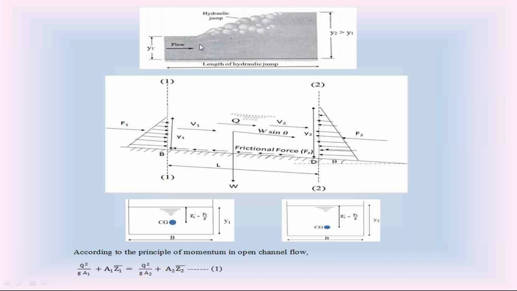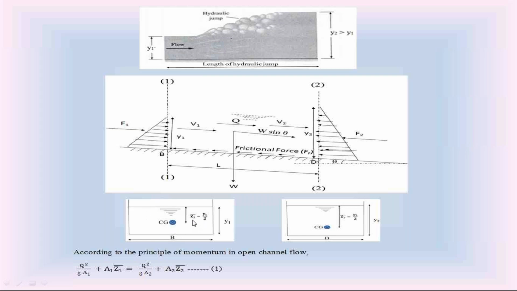Since it is a rectangular channel, at section 1 the width of the rectangular channel is B. The depth of water flow is y1. Then from the top surface, the center of gravity at section 1 is at a distance of Z1 bar.